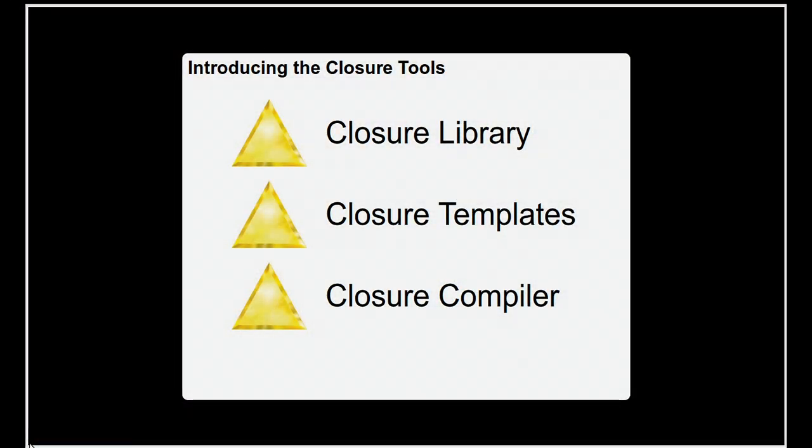And the third tool is the Closure compiler. The Closure compiler is a JavaScript minifier. That means you may write your JavaScript full of comments and whitespace that don't actually contribute to the behavior of your program. But your users who download the JavaScript when they visit your site pay the penalty, so to speak, of download time and parse time for these extra bytes.